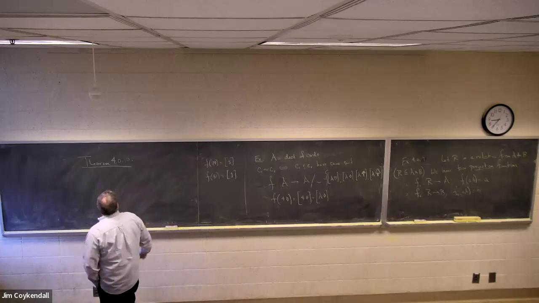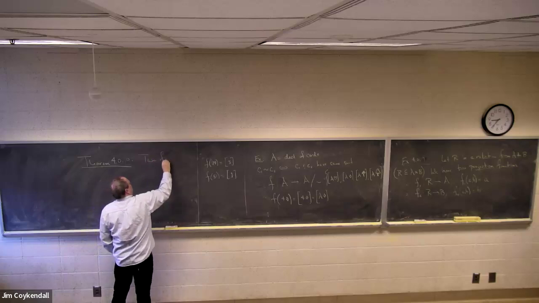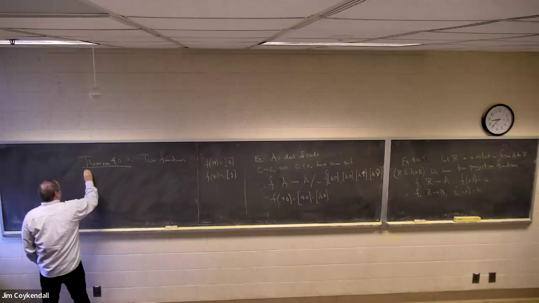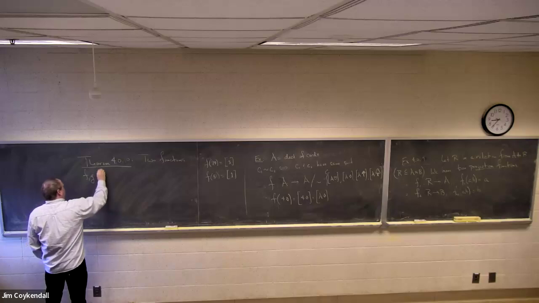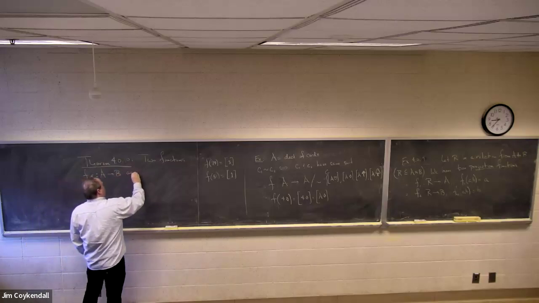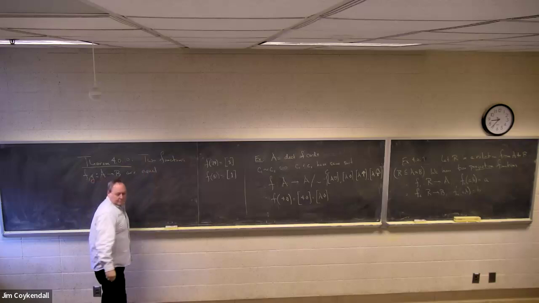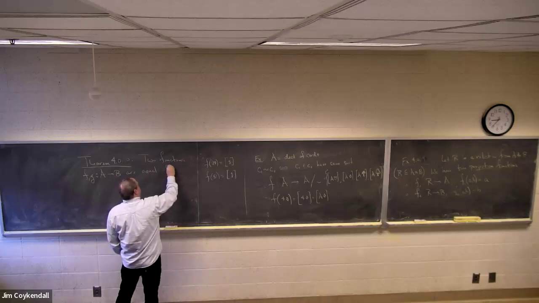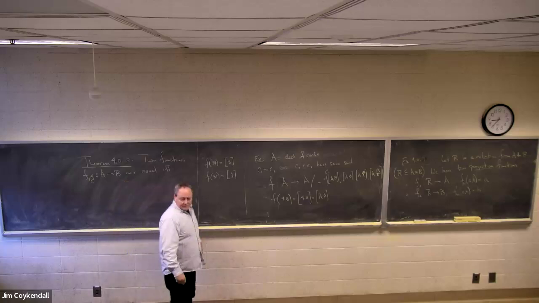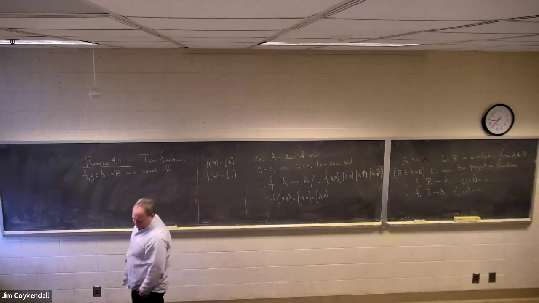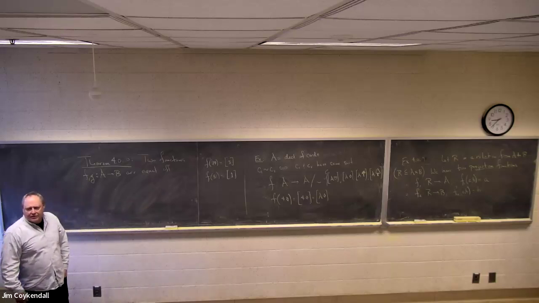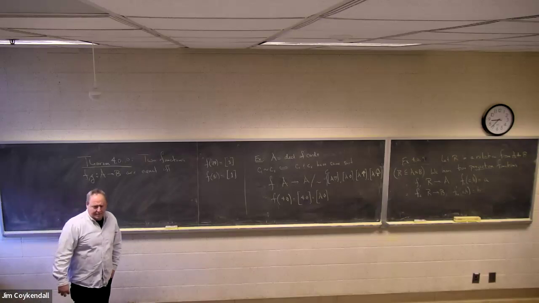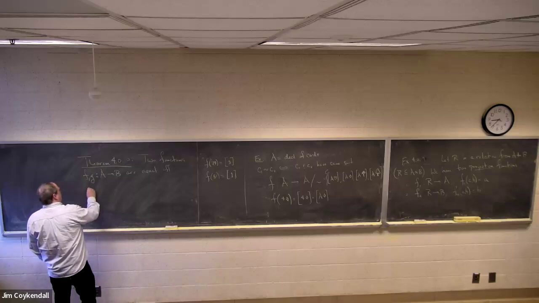Two functions F and G are equal if and only if for all A in A, F(A) equals G(A).